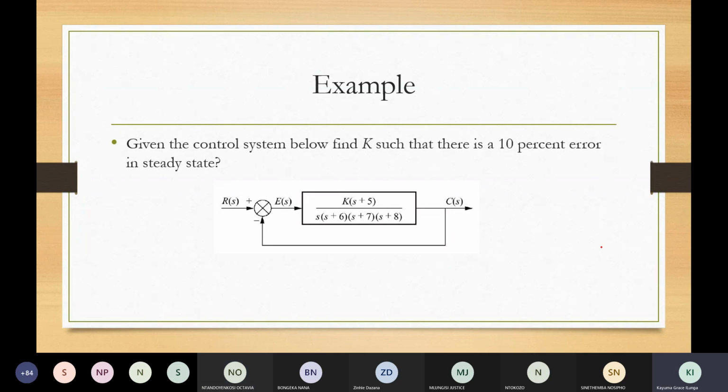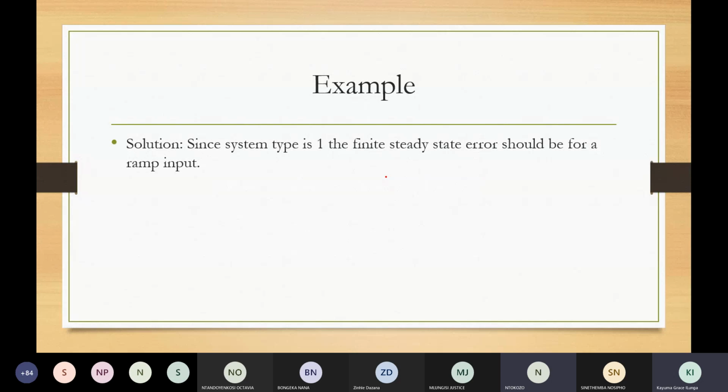So we are in the case where we have Kv. We know that the error is given by 1 over Kv. That is going to be our steady-state error, which is already given to us. They say it's 10%, which is 0.1. So we know that 1 over Kv is equal to 0.1.